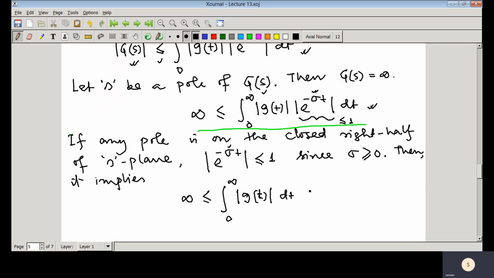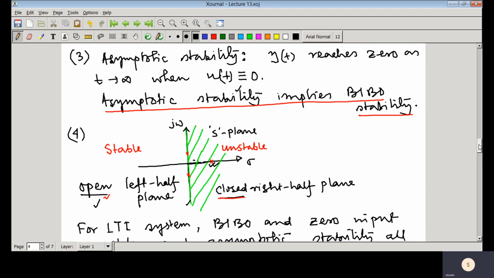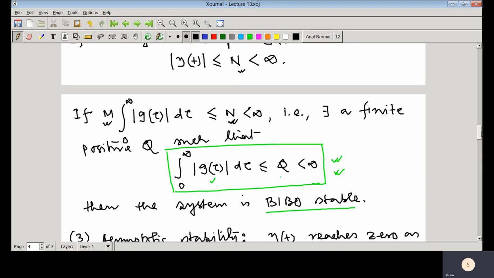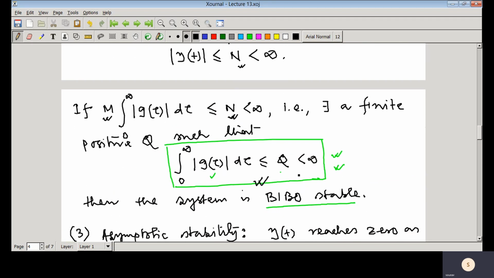So what we have seen is that if any pole lies in the closed right half of the S plane, then we get this relationship. That means the integral from 0 to infinity of the absolute value of the impulse response is greater than or equal to infinity. But what is the condition for BIBO stability?